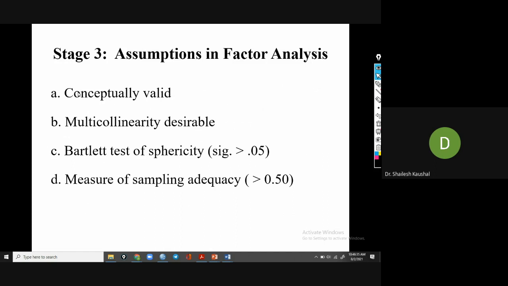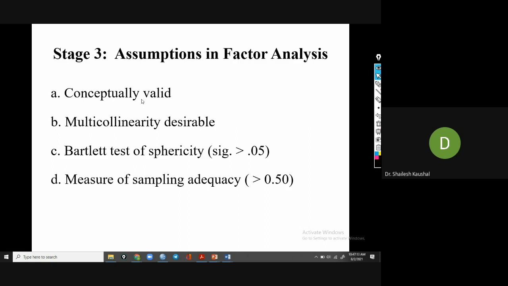Now the next is assumptions in the third stage. Assumptions in factor analysis. One is that whatever questions we are taking in factor analysis should be conceptually valid. If we want to measure the main components or factors of service quality in higher education, all the questions should be conceptually valid.